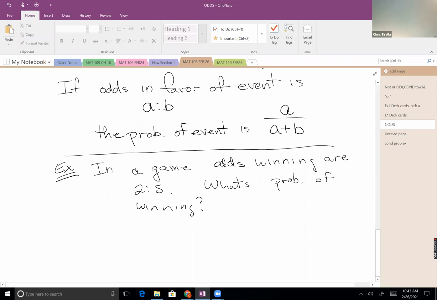And again, if my odds are A to B, the probability is the first number, A, over, in the denominator, the sum of the two, A plus B. So here, the first number is 2, and the sum would be 2 plus 5. So the probability is 2/7.